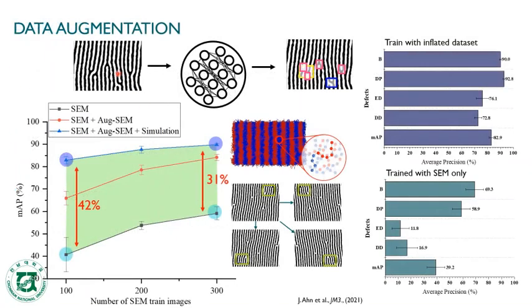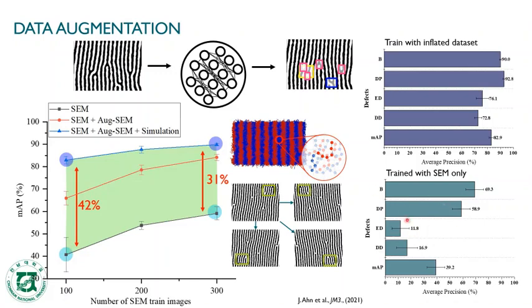So in this work of detecting and classifying defects in polymer self-assembled images, when there were only 100 SEM images to train the network, the performance was less than 50%. However, by adopting data augmentation, flipping the images, and also combining simulation data sets, the performance rose by more than 42%.